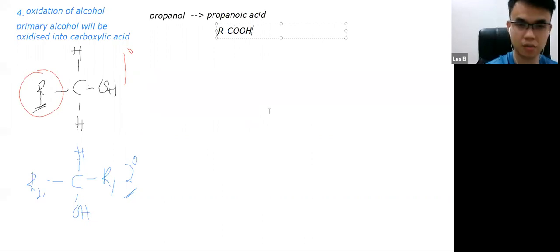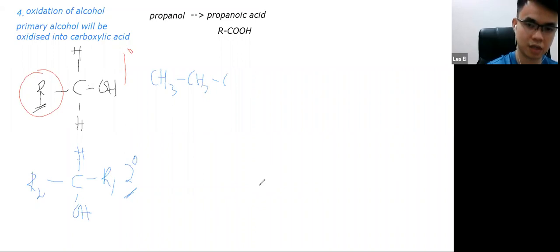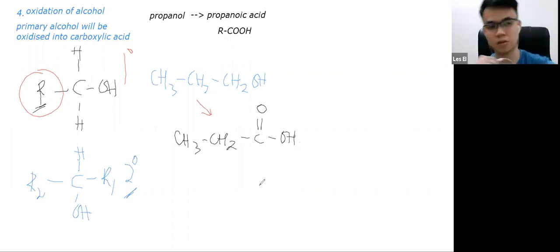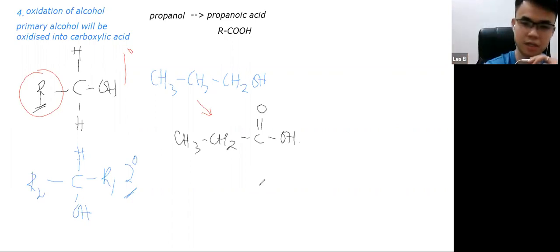It will change from CH3, CH2, CH2OH. This is alcohol, right? If you do the oxidation process, it will become CH3, CH2, and the last C. This is how you're going to draw the COOH. So if propanol, you do the oxidation, it will become propanoic acid.